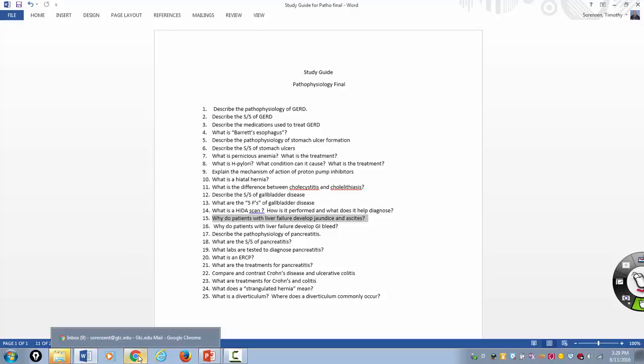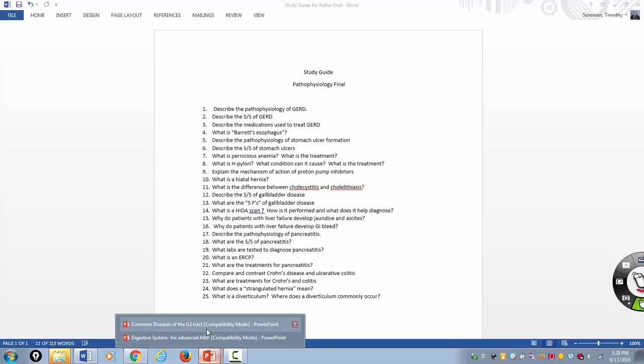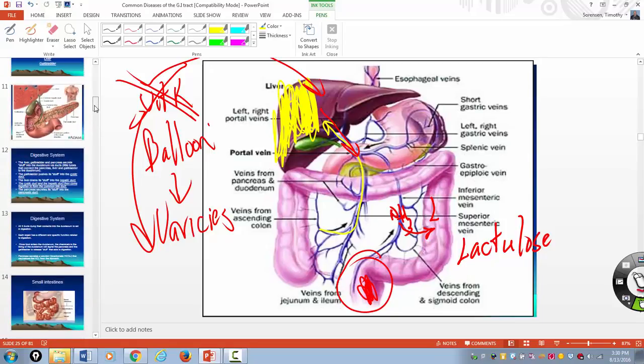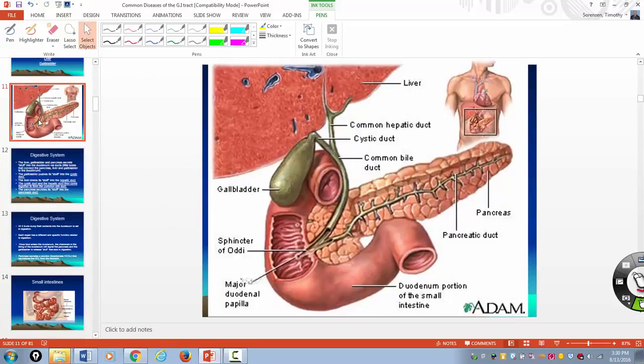Okay, ERCP. ERCP stands for endoscopic retrograde cholangiopancreatography. Basically, what it does is you snake a tube down there, through the mouth, through the stomach, pyloric sphincter, into the duodenum.